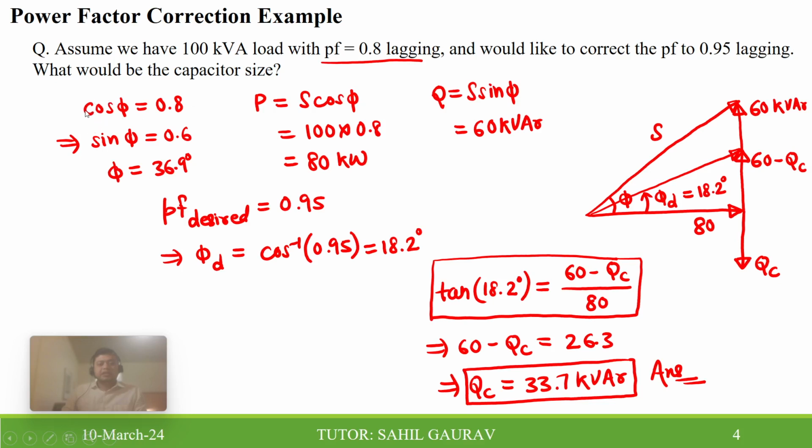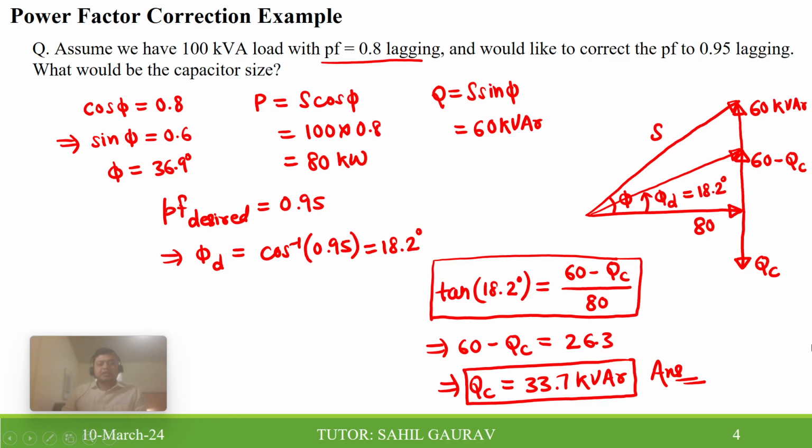The power factor is given as 0.8, so the power factor angle comes to 36.9 degrees. From the given data, apparent power is 100 kVA and power factor is 0.8. From there you can find the active power, which is 80 kilowatt, and Q will be 60 kVAr, since cos phi is 0.8 and sin phi is 0.6. So you get reactive power as 60 kVAr.